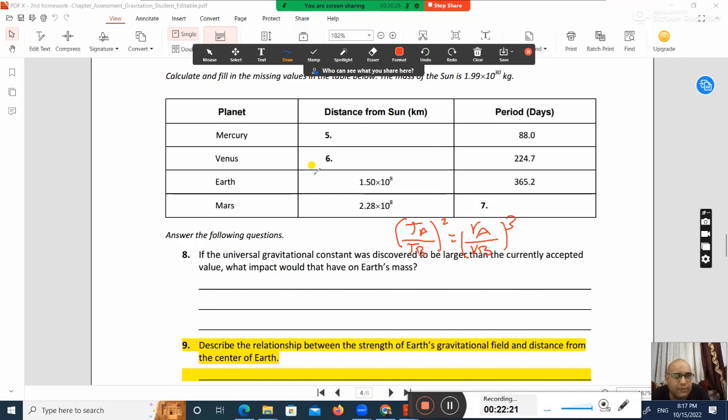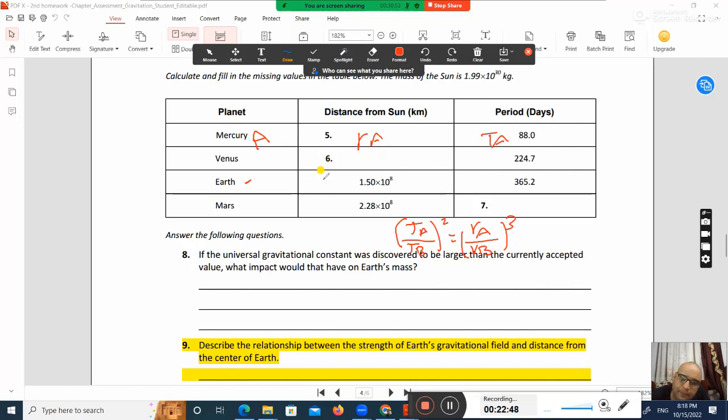We are going to solve for Mercury, calling Mercury A. So we have here RA as the unknown, TA given. We have to choose another planet with complete data, so we're going to choose Earth. Earth has distance, and also has period.